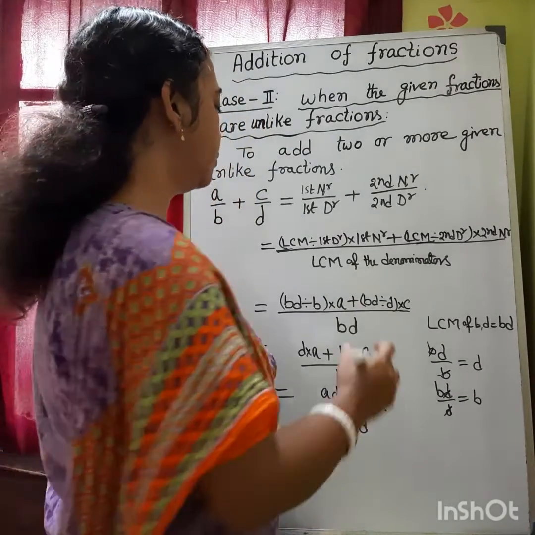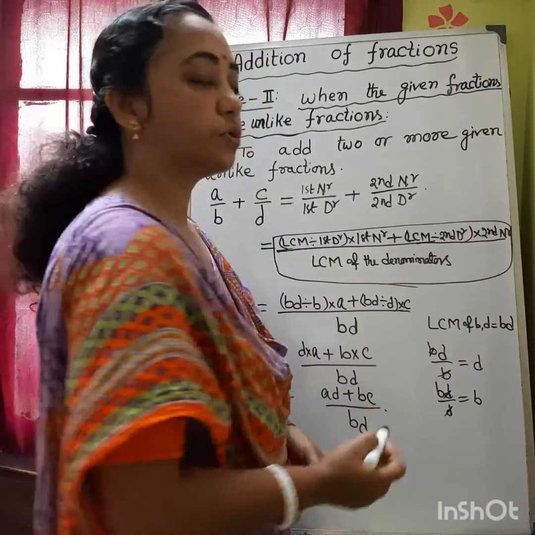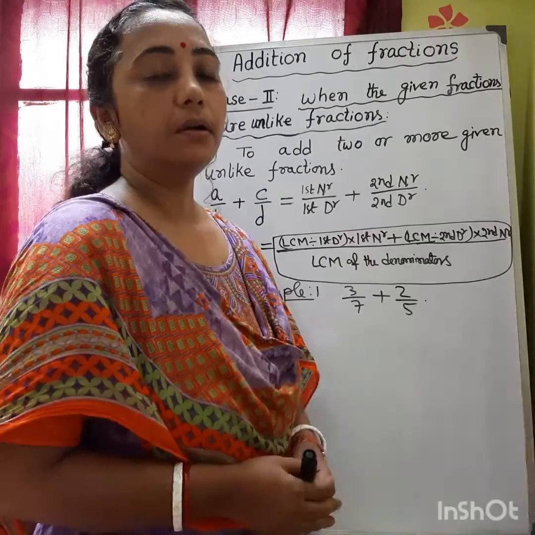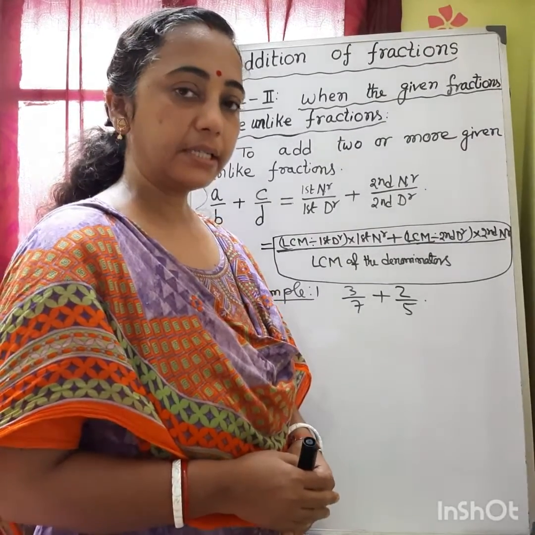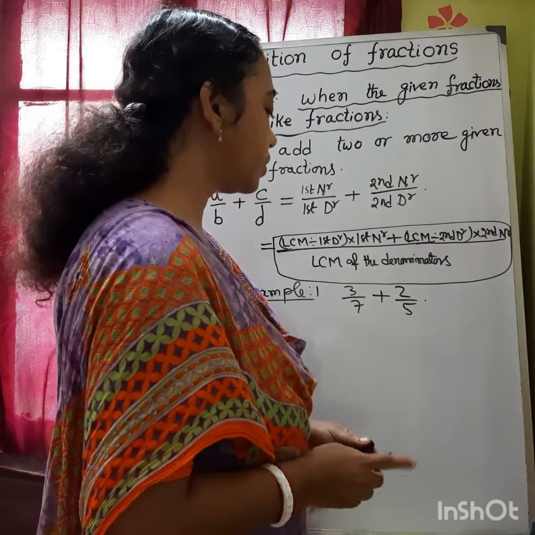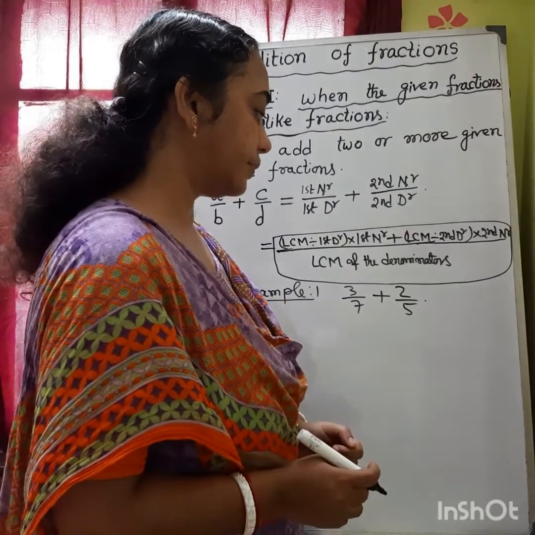In this way, using the formula directly, we can also find the sum of the two given fractions. Now let us consider one example: 3 by 7 plus 2 by 5. Both fractions are unlike fractions because their denominators are different.